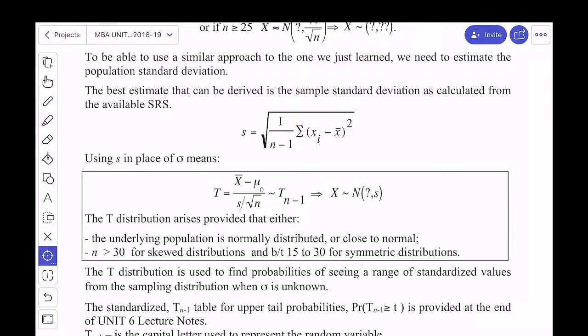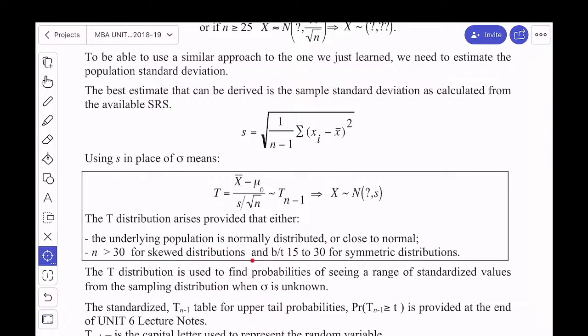So a t distribution is a standardized X bar, provided that the underlying population is normally distributed or close to normal.